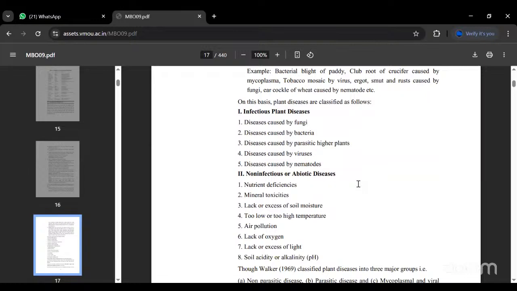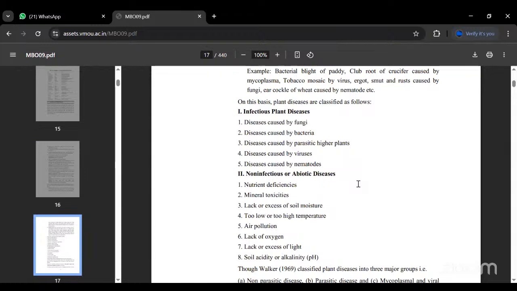On the basis of cause, plant diseases are classified into the following types. The first one is the non-infectious plant disease, caused by abiotic factors.